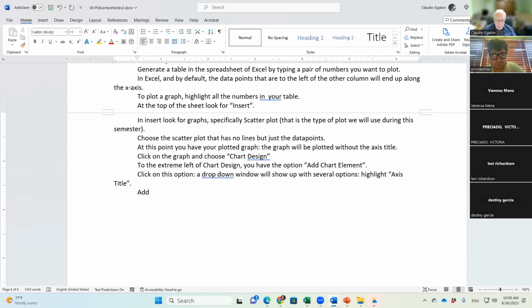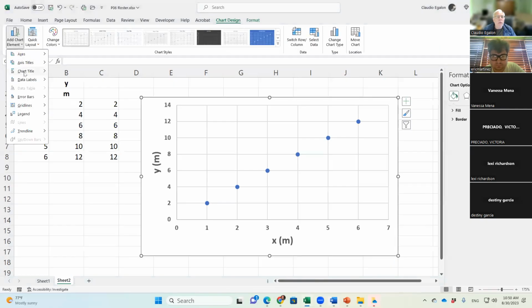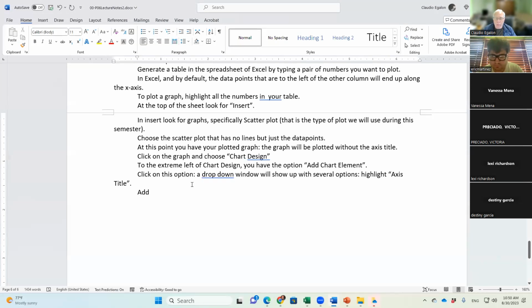Add horizontal, right? Primary horizontal, and highlight primary horizontal. And afterwards, primary vertical.